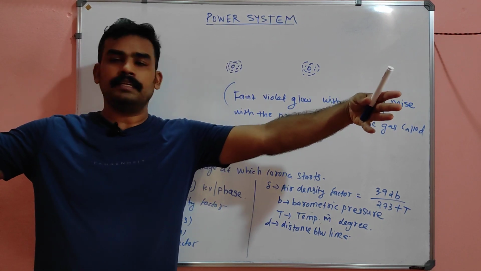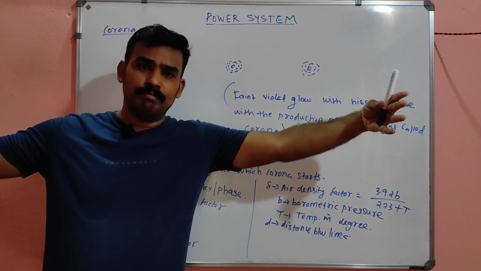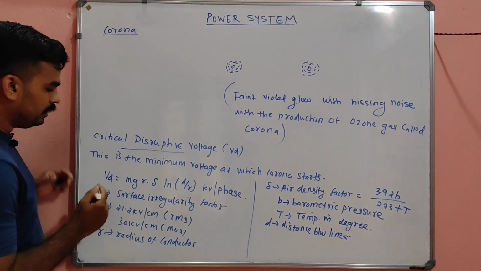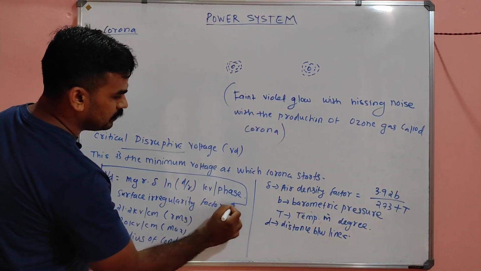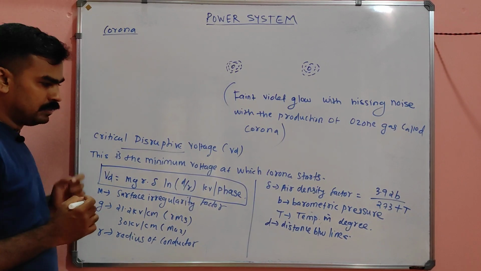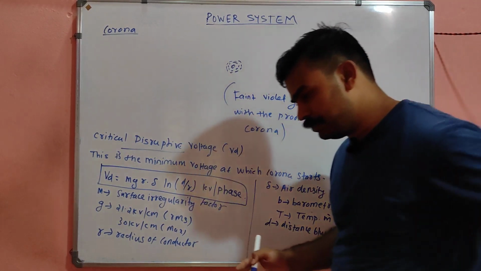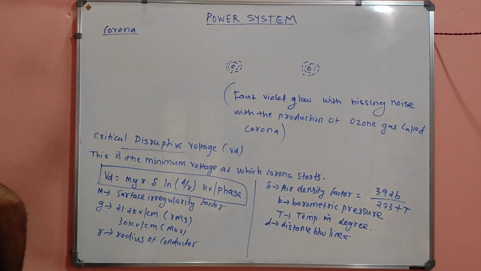Two lines are running like this, some meters apart. So this voltage will be the critical disruptive voltage. That is the minimum voltage at which corona starts.